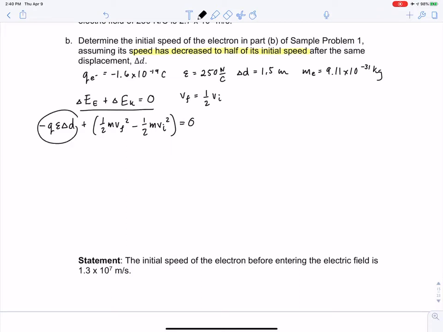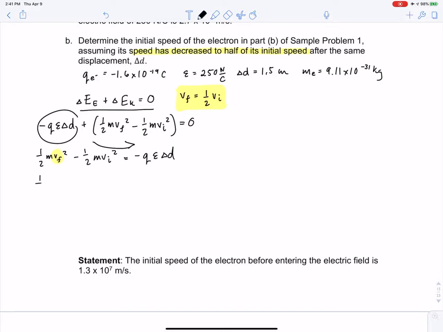Let's take this, bring it over the equal sign. What we're left with is 1/2 mv final squared minus 1/2 mv initial squared equals negative Q epsilon delta D. Now, I told you that the final velocity is equal to 1/2 the initial, so I'm going to place that in here.